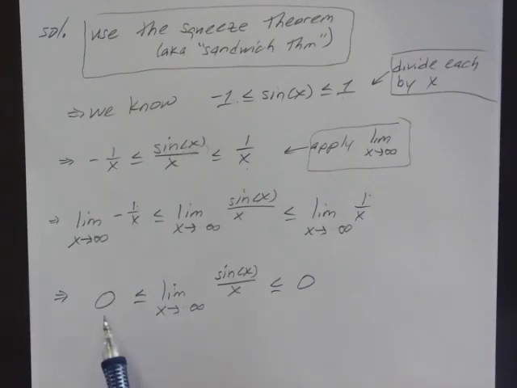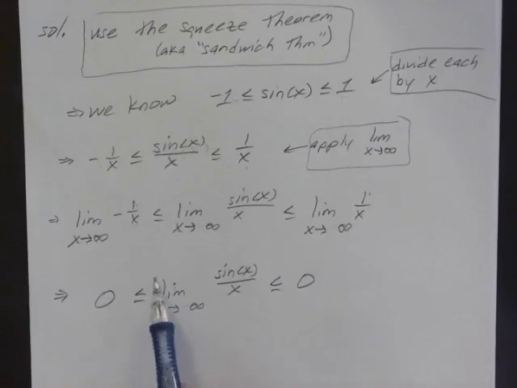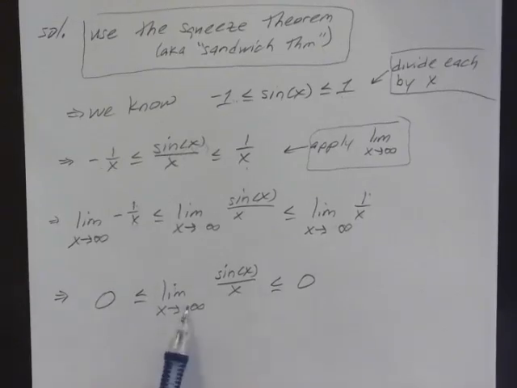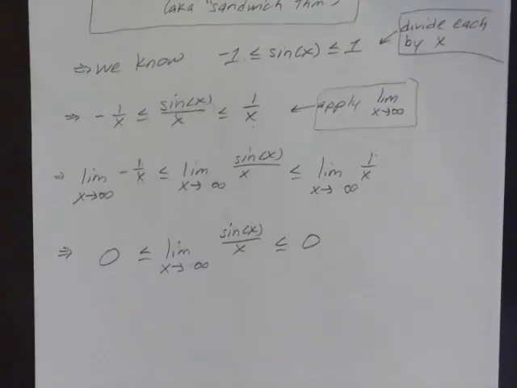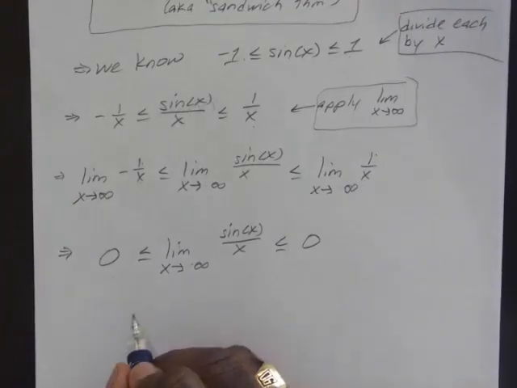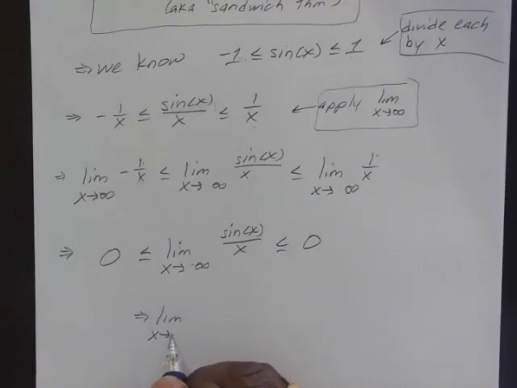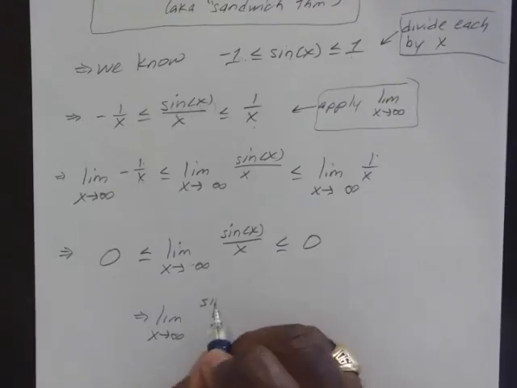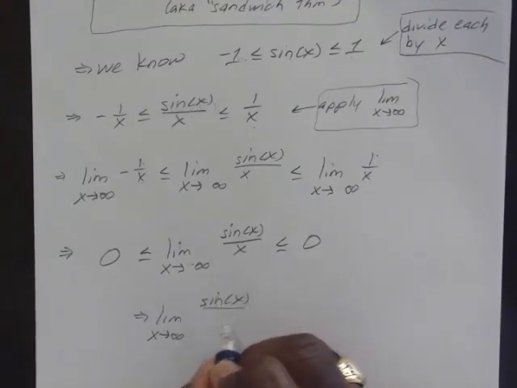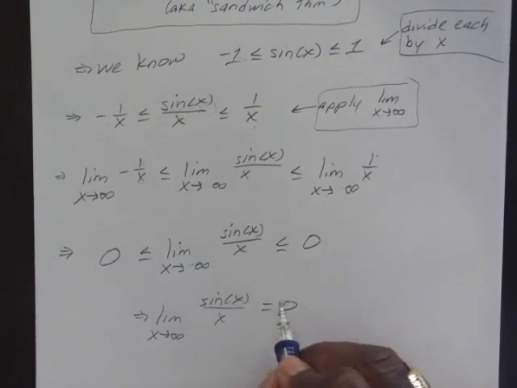Okay. Now, if the limit below it is 0 and the limit above it is 0, then it's safe to say by the squeeze theorem that this limit is 0. So we know that the limit as x approaches infinity of sine of x over x is just 0.